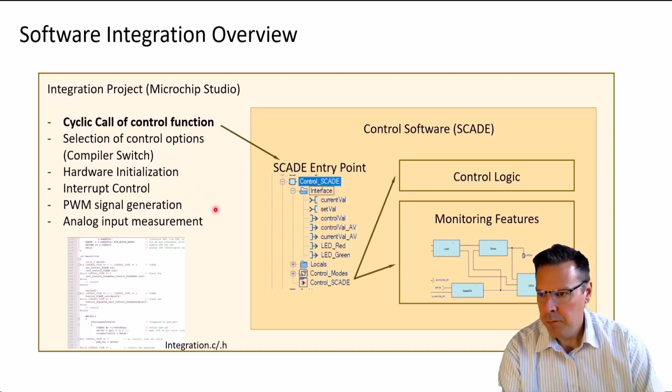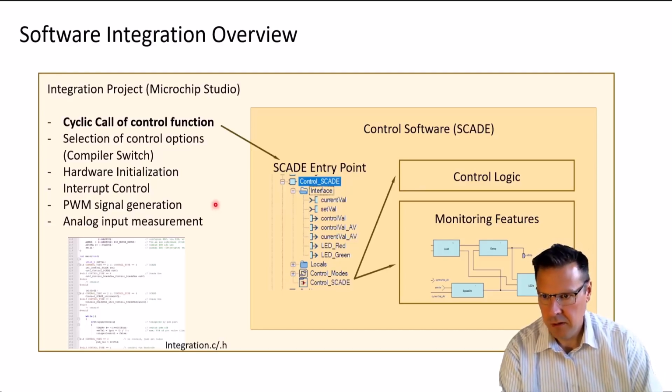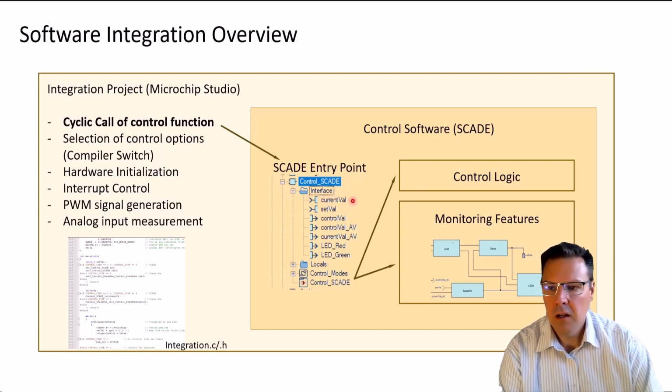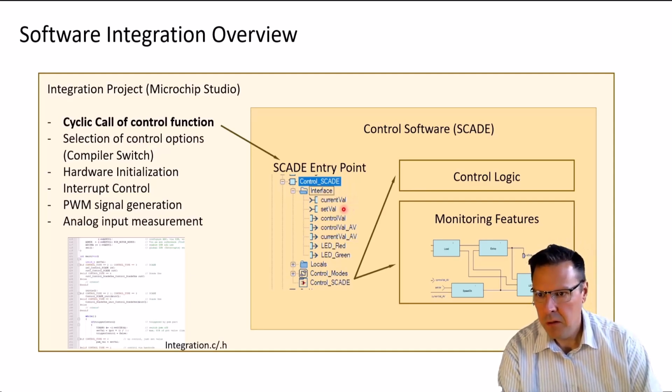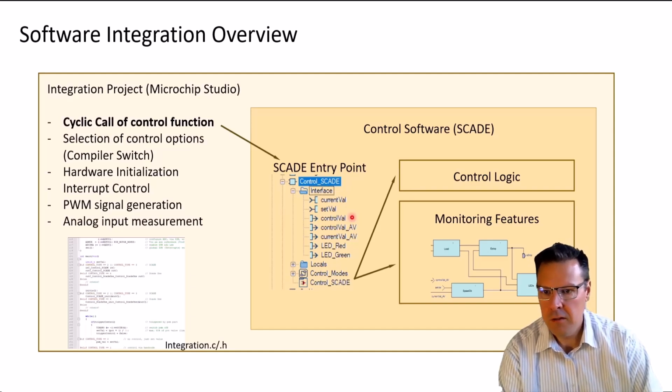And in the end, it's abstracting all the hardware stuff, as I said, and SCADE will just see, let's say, a set value and a current value, which is given from the hardware. That means the current value would be the current measured speed of the motor, and the set value would be the target speed coming from the potentiometer. And the control value here would be the direct input from SCADE to the pulse width modulation signal.